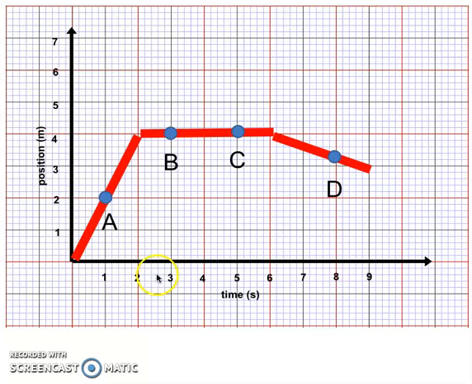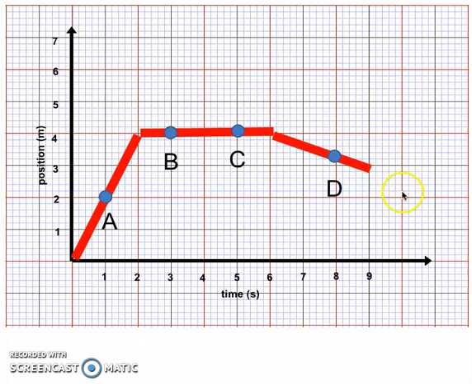And then for C, we would say now we're at 5 seconds, and the object is at a position of still 4 meters. And then D is at 8 seconds, and that looks like 3 point something, maybe 3.3 or something.